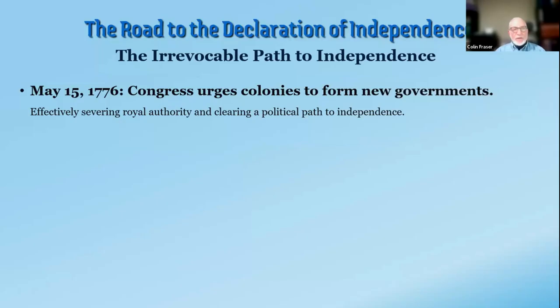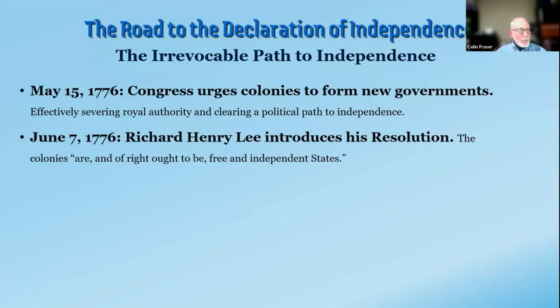So on May 15th of '76, Congress issued recommendations, pretty strong recommendations, urging the colonies to form new governments and that broke all the remaining fragments of royal authority and set the path towards independence.